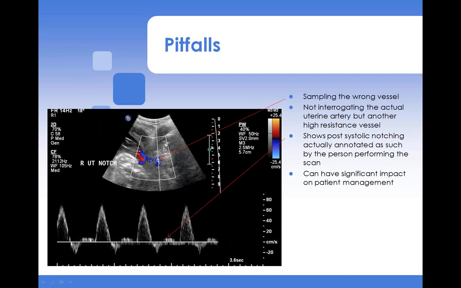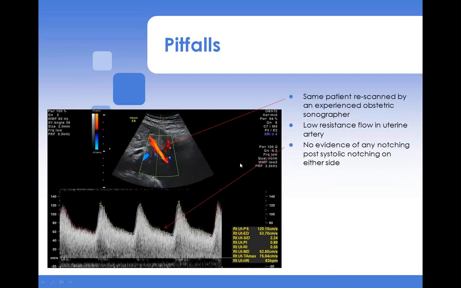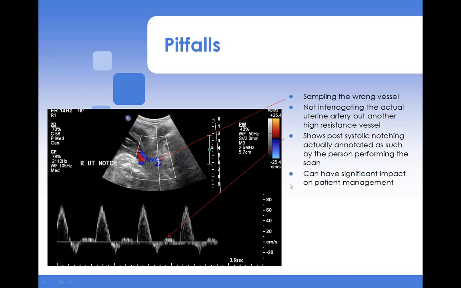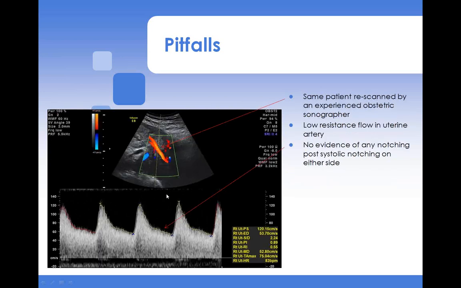So this same patient was rescanned by an experienced obstetric sonographer, and this is the trace they got. You can see the crossover, low resistance, and no evidence of any postsystolic notching, and not at risk of preeclampsia or IUGR. So this trace actually had a clinical impact, because following this, the patient was scheduled to be seen twice a week. So I think when this one was performed, maybe the clinical picture had changed somewhat.